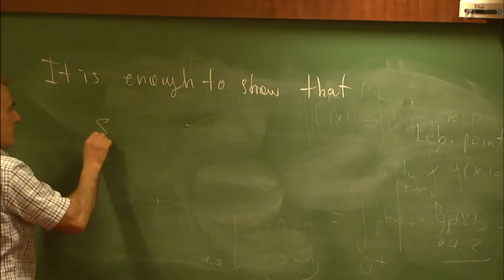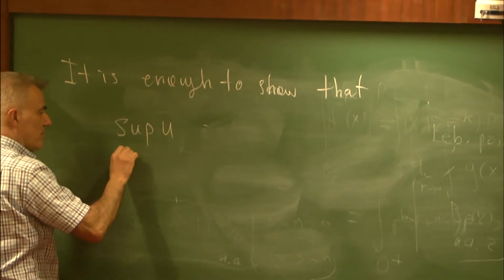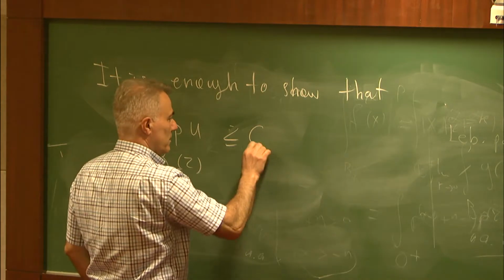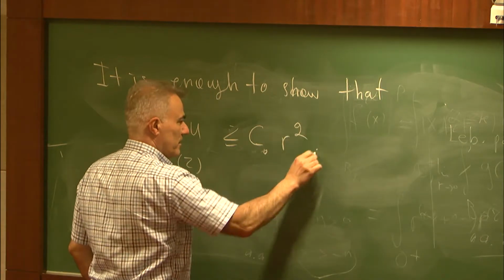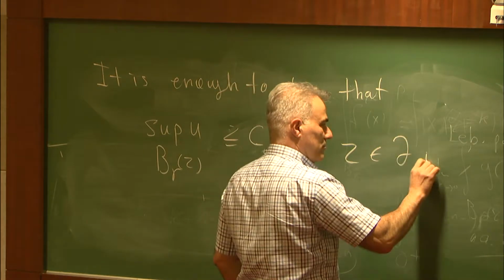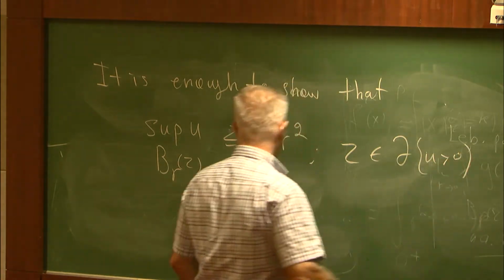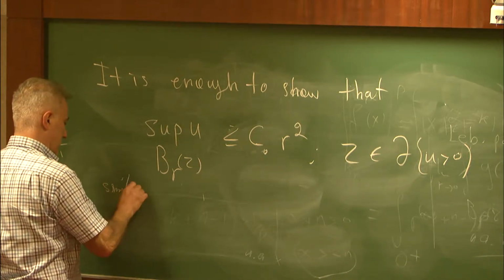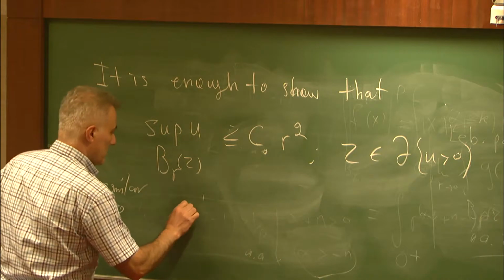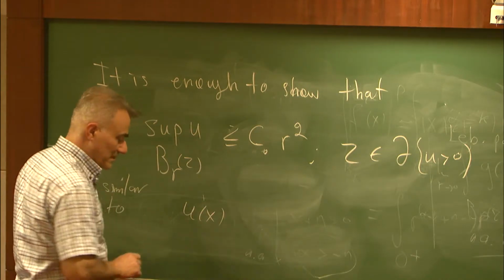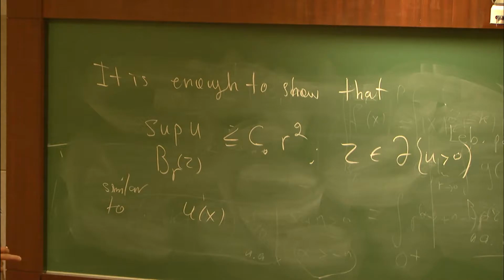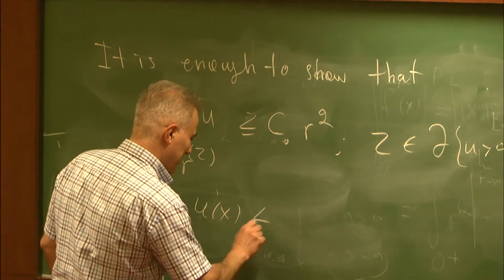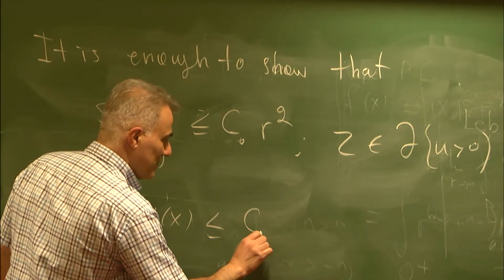The supremum of u over the ball of radius r around z is less than a universal constant C0 times r squared, where z is on the free boundary, which is similar to u at any point x. It's constant times r squared.